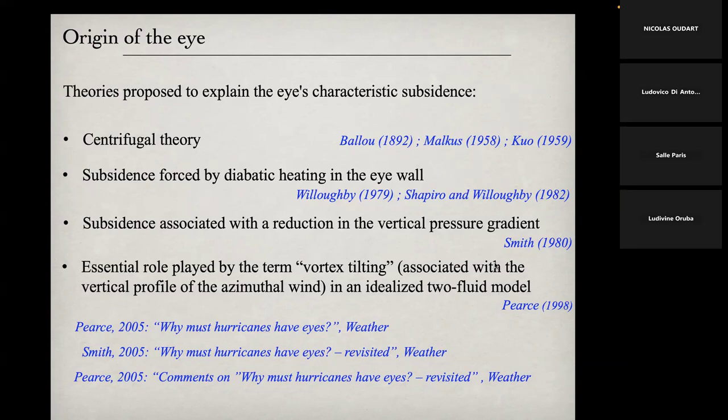So in this mechanism, they consider that the air, the moist air, is rising up in the eye wall. Then at some altitude, the water, which was a gas, becomes liquid. So there is a phase change. And this phase change will be associated to release of heat.